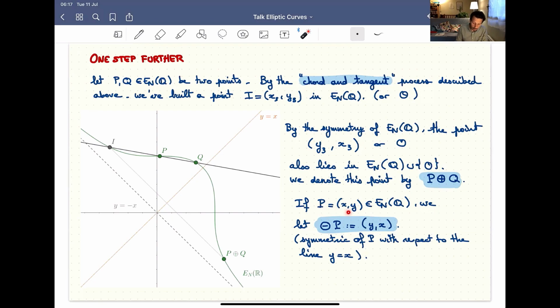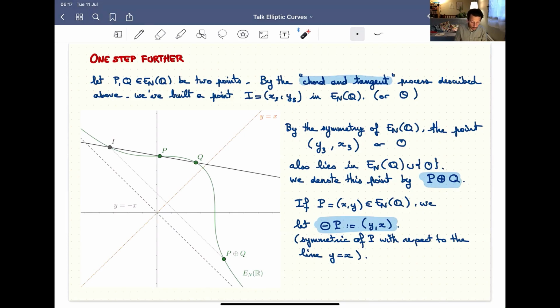And if we have a point P with coordinates x and y, I'm going to denote by minus P the point y, x, which corresponds to the reflected point with respect to this symmetry. You exchange x and y. Again, the minus sign has a circle around it to remember that it's a slightly weird minus operation.